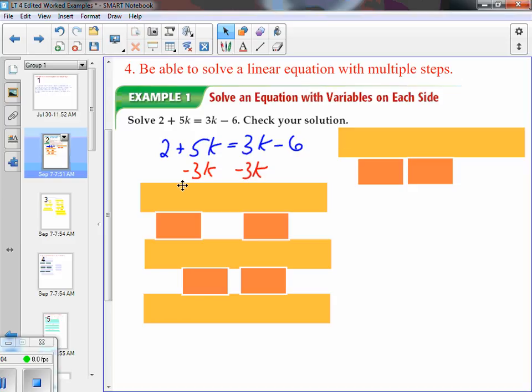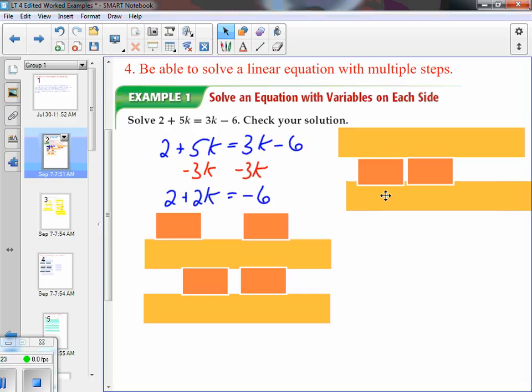On the left side, 5k minus 3k is 2k. Now, 2 and 2k are unlike terms. Don't mess up and try to combine unlike terms. So I copy down the 2, and then 5k minus 3k is 2k. On the other side of the equals, 3k minus 3k is 0. Bring down the negative 6. What I have written in red, if you need to just do that in your head, do that in your head.